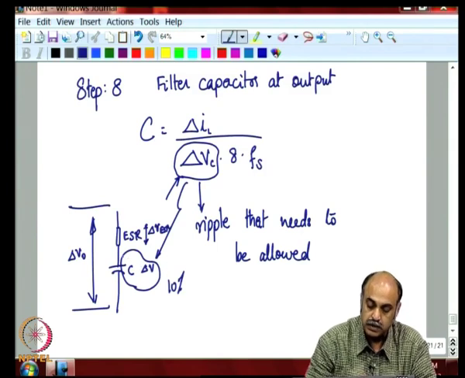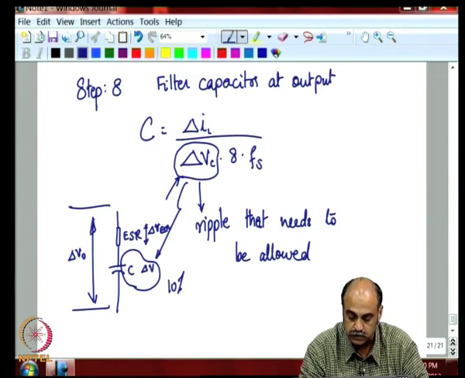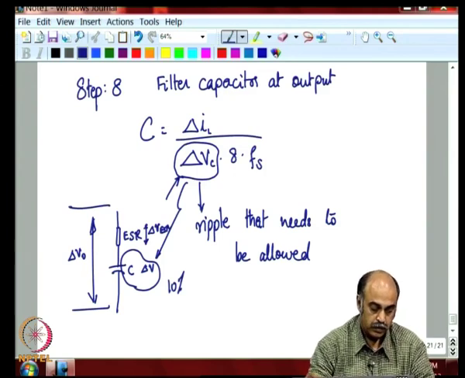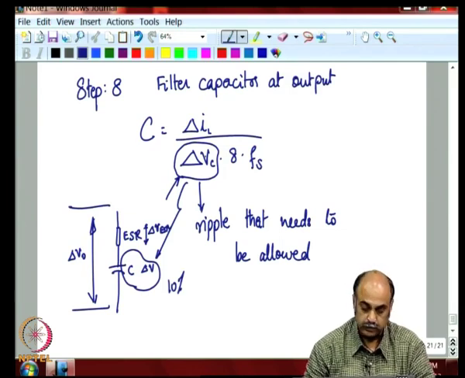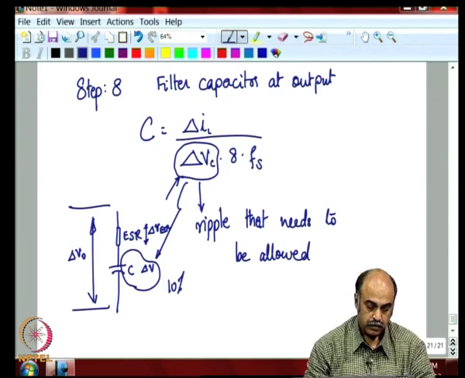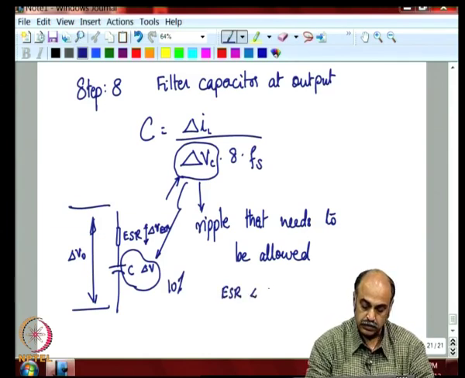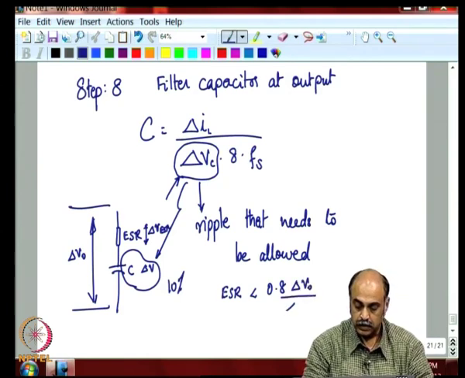So, just 10% of ripple across C by the physics of the C, delta V variation, and the remaining follows. Therefore, you will be taking 0.1 of the output ripple. Then you could also estimate the ESR of the capacitance should be less than 0.8 times delta V naught by delta IL.